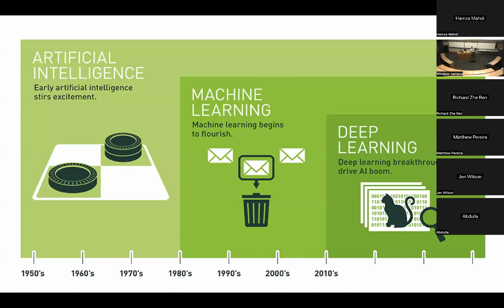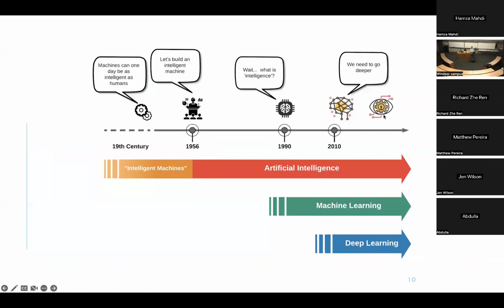By the end of 2010, email filters were completely automated. And then, like I mentioned, deep learning took off in 2010 because of a paper written by a researcher at the University of Toronto, actually. And it's been crazy since then.